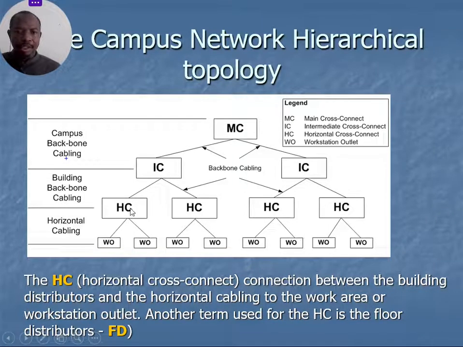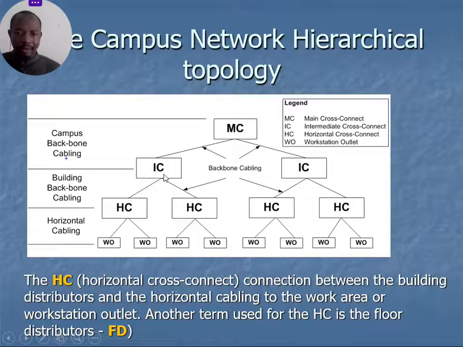Now the HC, what is the HC? The horizontal cross connect, or what you call the horizontal cabling. This connection is between the building distributor and the horizontal cabling to the work area or the workstation.